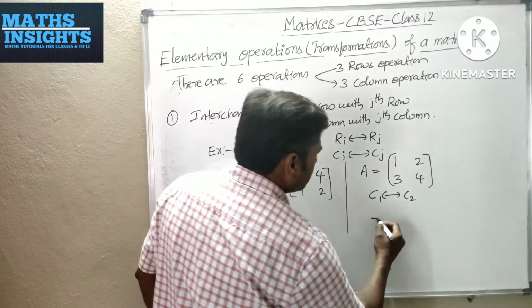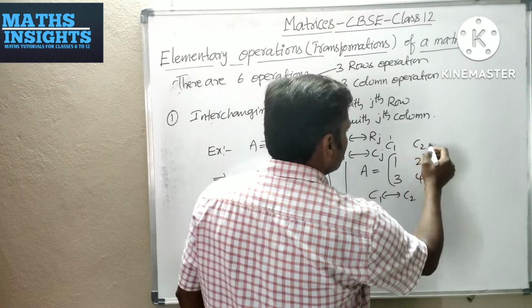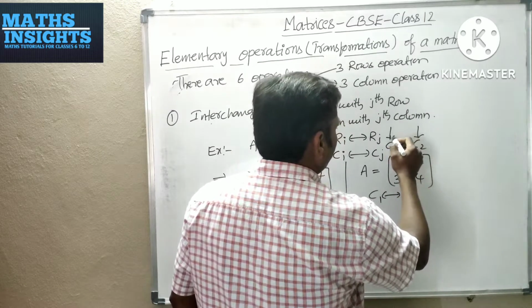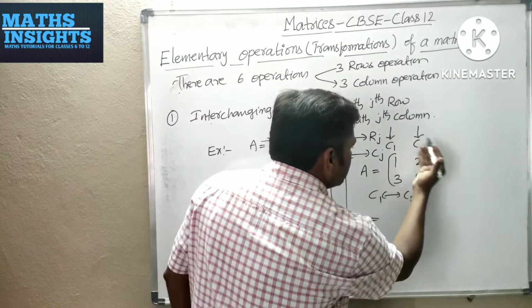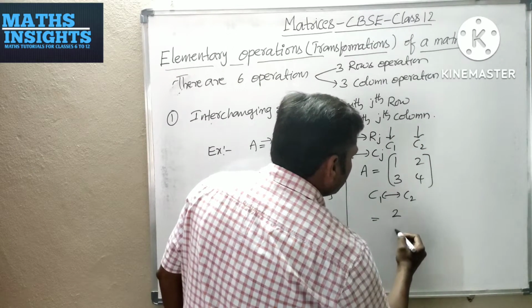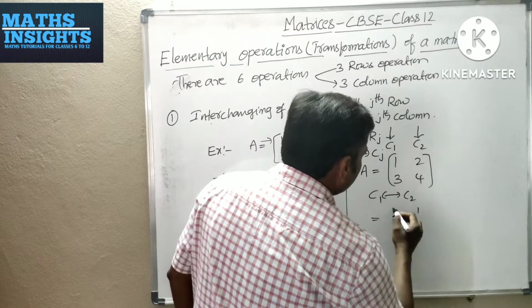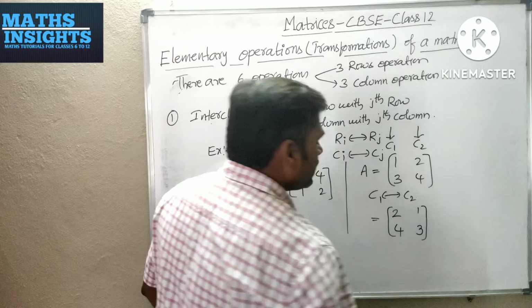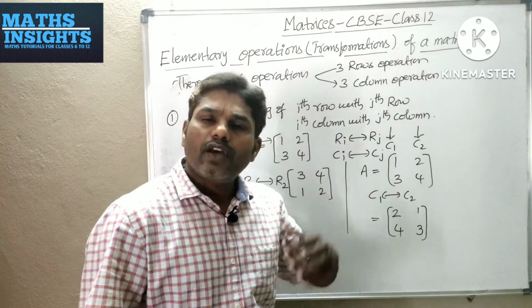This is C1, this is C2. C2 comes in the place of C1, 2, 4, and C1 comes in the place of C2. In this way, you may transform a given matrix by using this rule.